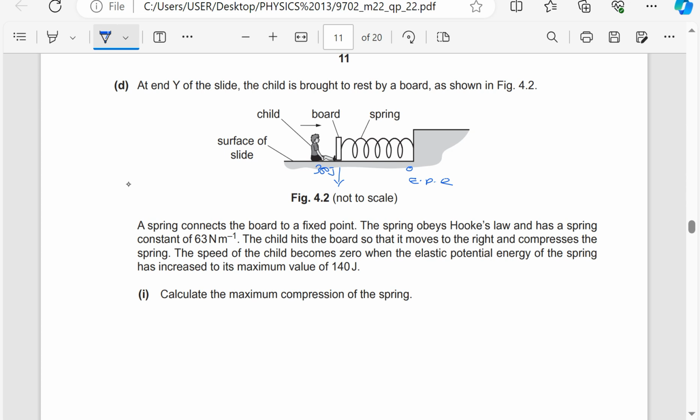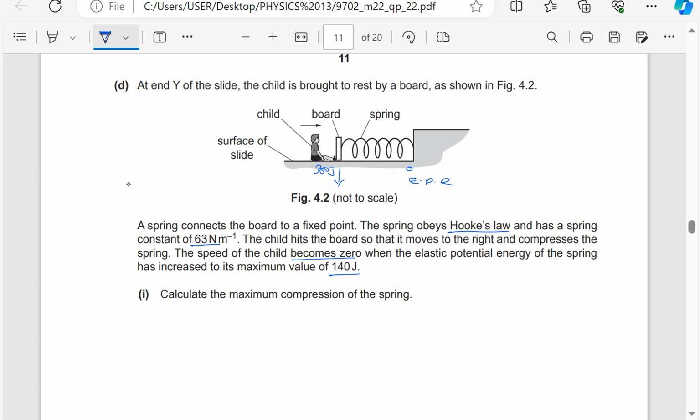Okay, so a spring connects the board to a fixed point. The spring obeys Hooke's law and has a spring constant of 63 newtons per meter. The child hits the board so that it moves to the right and compresses the spring. The speed of the child becomes zero. So it means all the kinetic energy is lost when the elastic potential energy of the spring has increased to its maximum value of 140 joules.